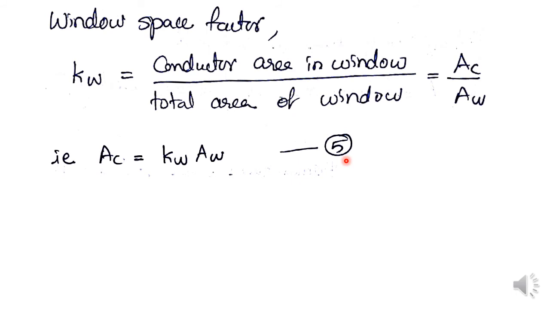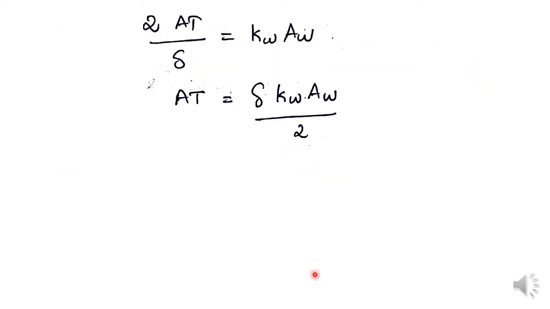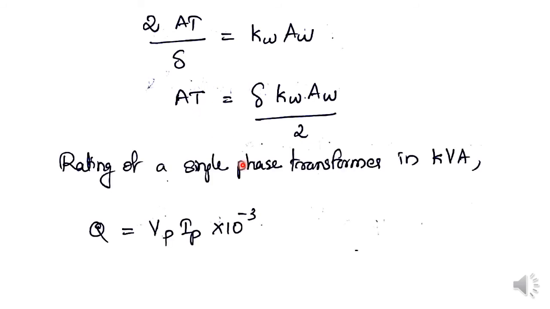We are equating these two representations. So we can compare these two equations and write that 2AT by delta is equal to KW AW. From this we can write the equation for AT, that is AT is equal to delta KW AW by 2. AT is the product of current and number of turns.